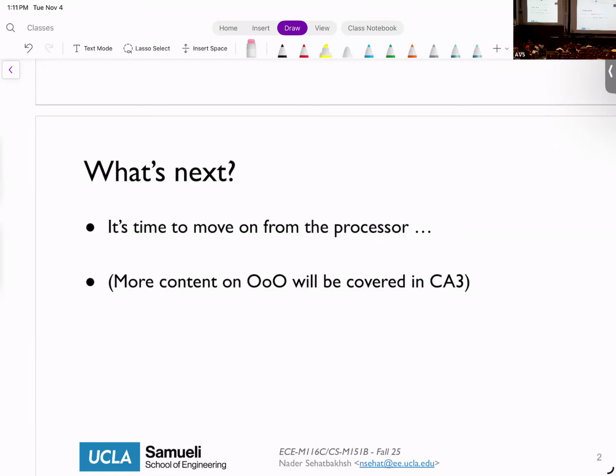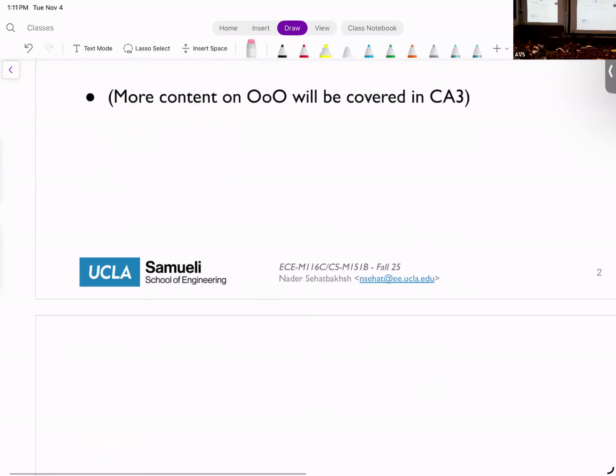Okay. But from this lecture forward, we're going to start talking about memory for a little bit. We're going to come back to the processors, and we're going to talk a little bit about multi-core processors as well. But that's mostly all the things that we wanted to talk about processors. We already covered them. Okay.